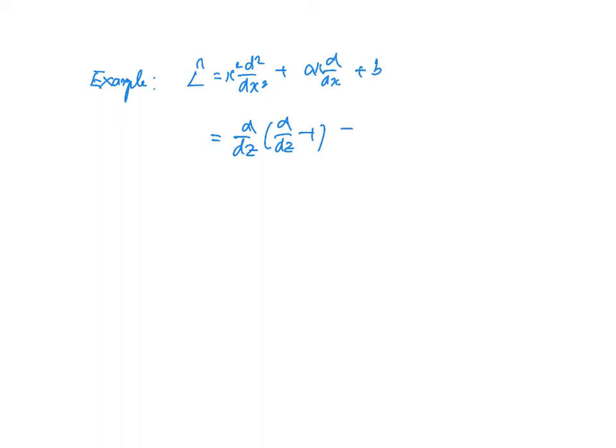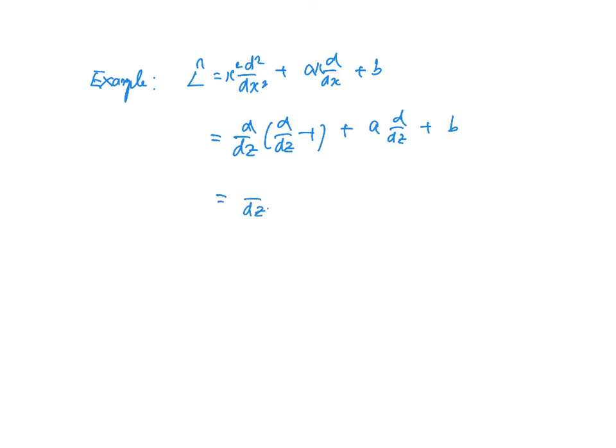Okay, so as an example, consider the following example. For example, L is dx squared plus a dx dx plus b. So it can be transformed into the following, right? dz minus 1 plus a dz plus b.